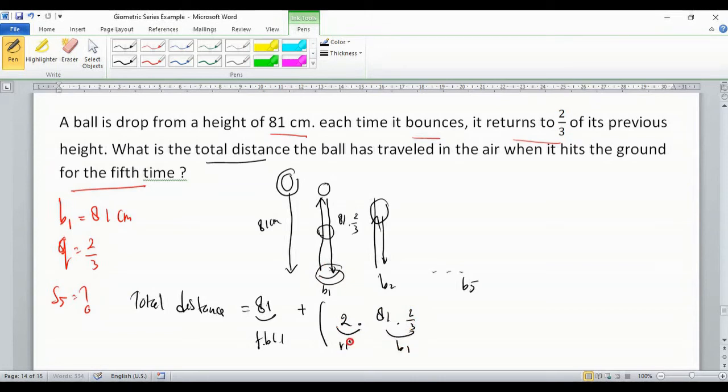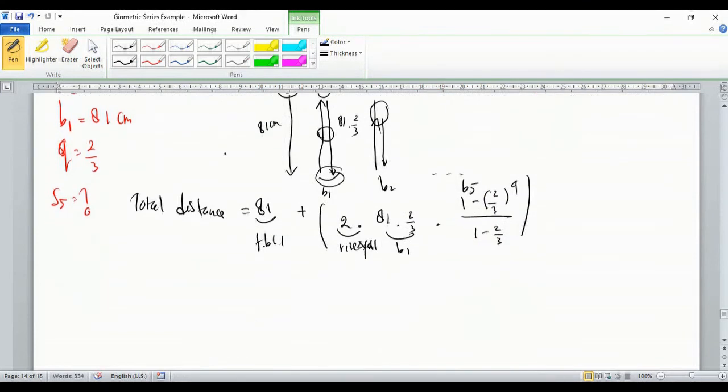This one is rise and fall, and then times 1 minus 2/3 to the power 4 over 1 minus 2/3. If you're confused about this one, remember this is the S5, everyone.